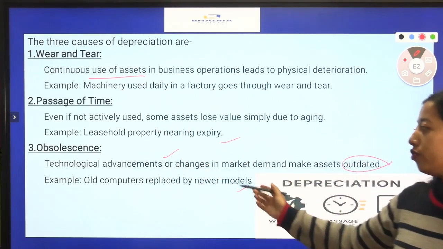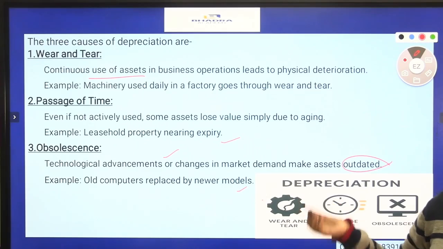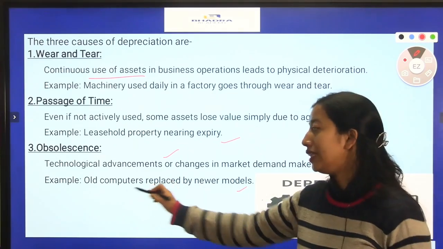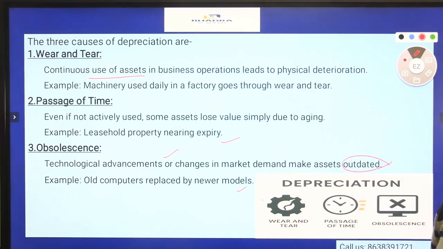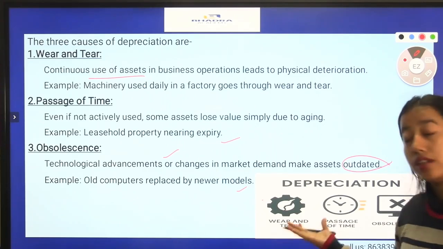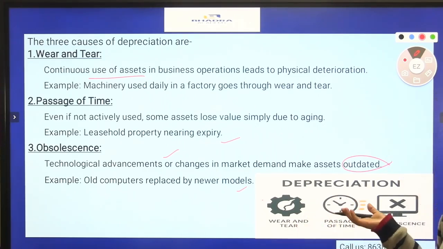With the updation of new technologies, the value of these assets decreases. That is why depreciation happens. So these are the causes of depreciation. The first is wear and tear, next is passage of time, and the third is obsolescence.